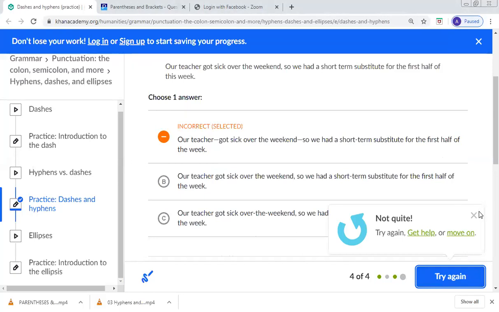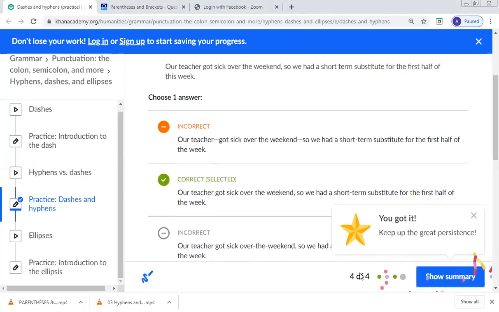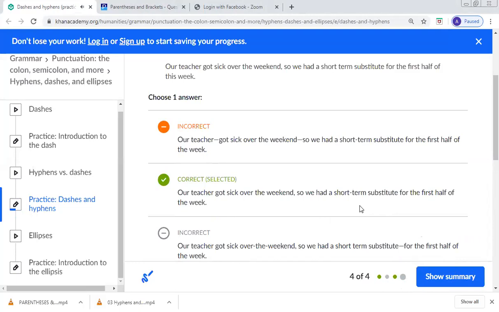Try again. B. Okay, are you taking them by order? A, B, and then C? Okay, why? Because it's connecting two words, an adjective for the word substitute. Yes, that is amazing. Thank you, and great. Okay, just a minute, if you don't mind.